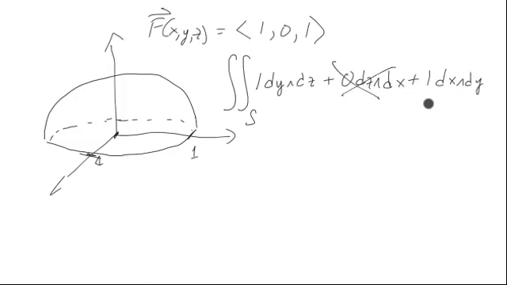Now it'd be nice to write all of this in terms of x and y. Here, this is z, so we need to find a relationship between z and x and y. Keeping in Cartesian coordinates, the unit sphere is x squared plus y squared plus z squared equal to 1. Think about a function of 3 variable input equaling this, and then we set it equal to 1. That would give us a level surface of this function.